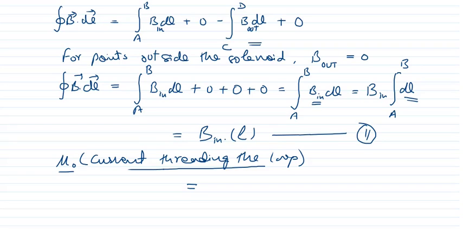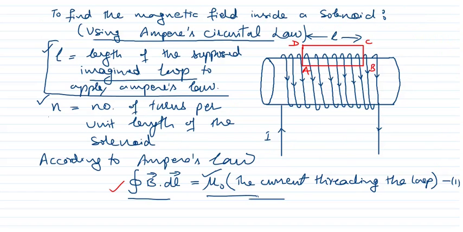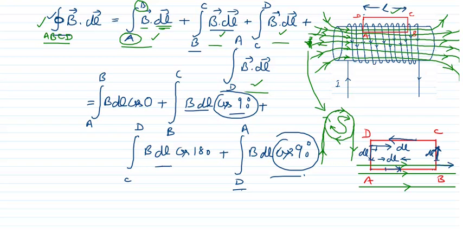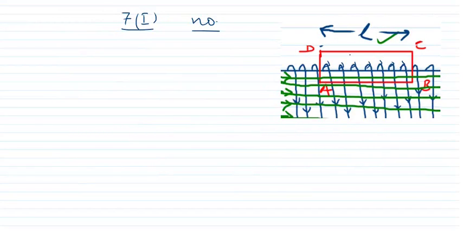To find out, we have supposed initially n, the number of turns per unit length in the solenoid. If we know the number of turns per unit length in this solenoid, then we can calculate how many times the current is threading. So n is the number of turns per unit length.